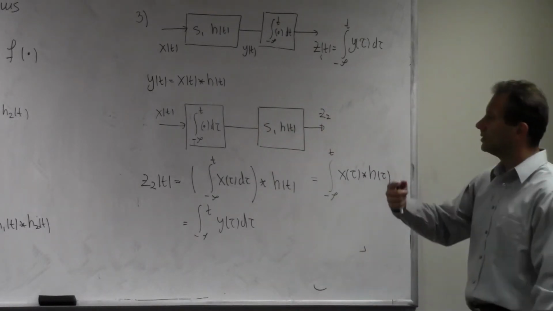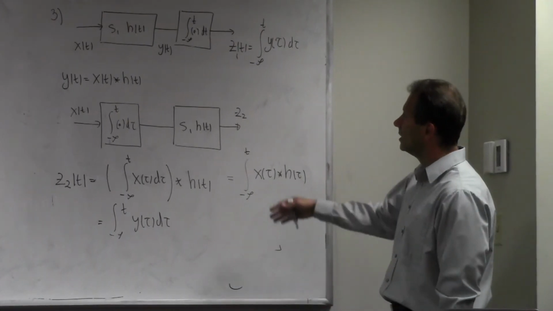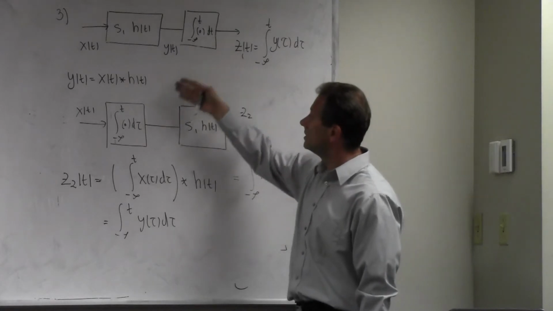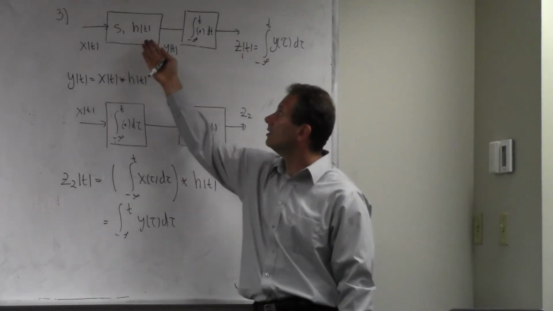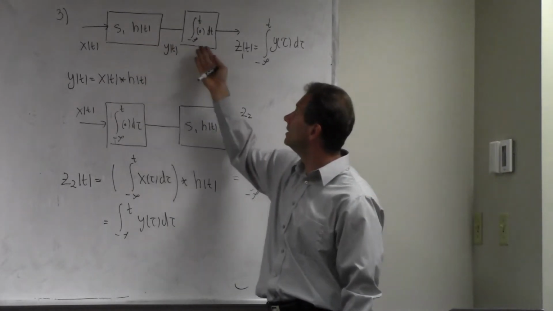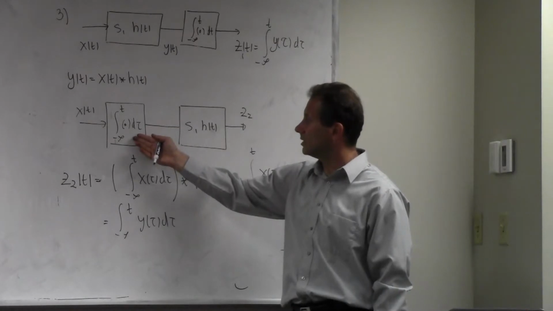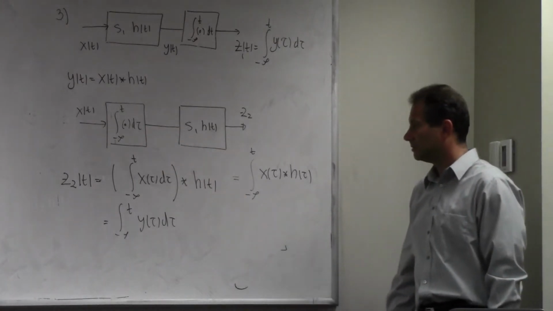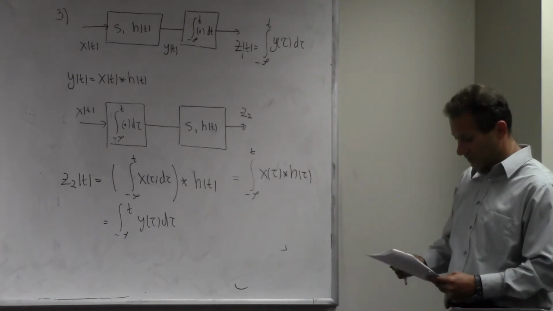The claim here, which we concluded a few minutes ago, is that when it comes to integration, we can swap it with the impulse response of the linear system. We can take the signal, first run it through a linear system, and then integrate it, or we can do it the other way around. We can integrate first and then run the signal through the linear system.